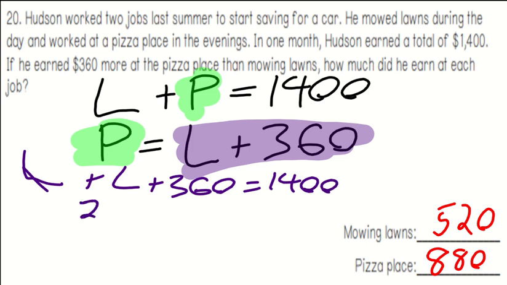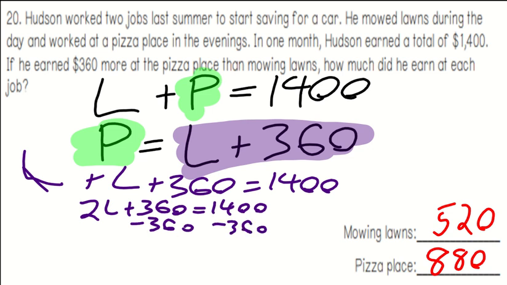So I have 2L plus 360 equals 1400. So 2L equals 1040. We divide by 2. That's the 520. That was L equals, so that's the mowing the lawns. That's where the 520 is.